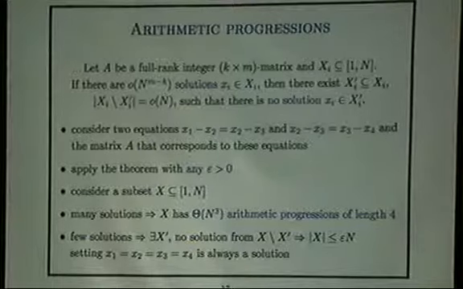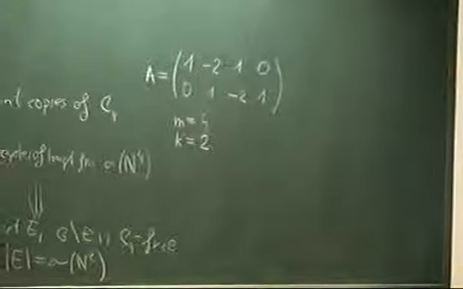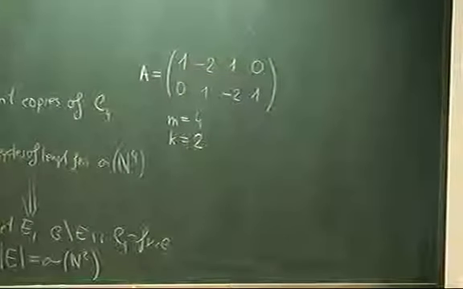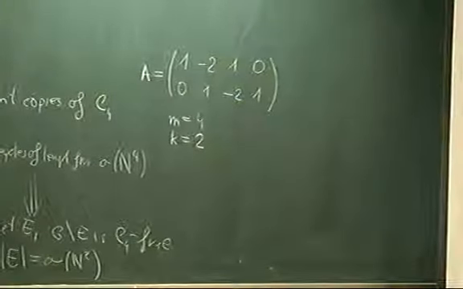So if you have lots of solutions, you have quadratically many arithmetic progressions, because m is 4 and k is 2. And of course quadratically many is the best you can hope for, because when you fix the first and the second element, the third and the fourth are uniquely determined.